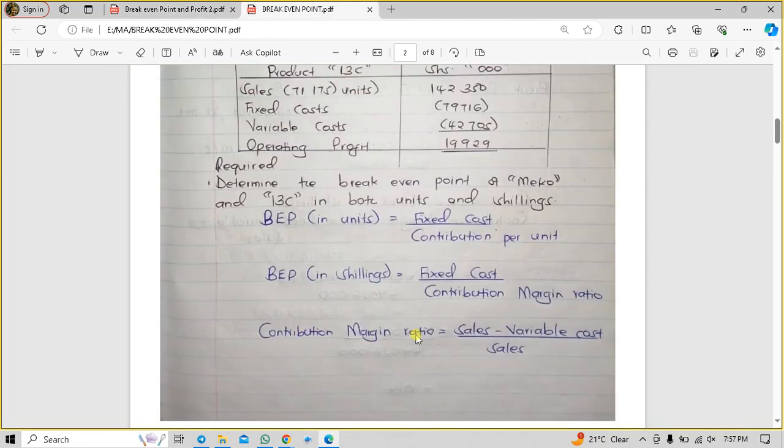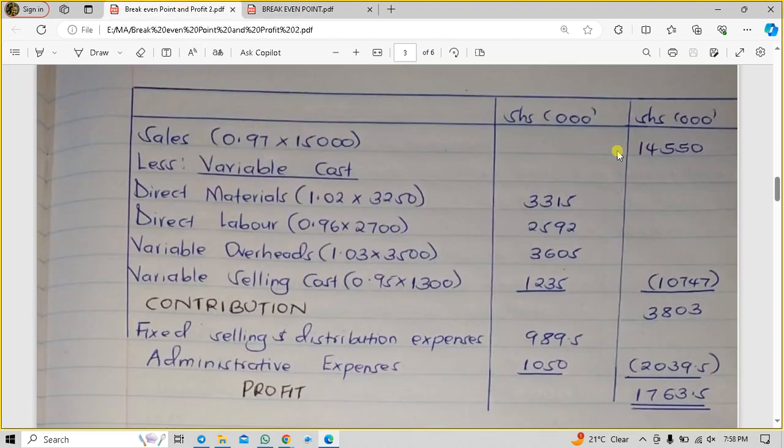We started with the contribution margin ratio, but there is no problem. So you can write contribution margin ratio is equal to sales minus variable cost over sales. So we have our sales here, 14550, you can add 0.3 or you will remember later to add it. So 14550 minus, actually you already have contribution.